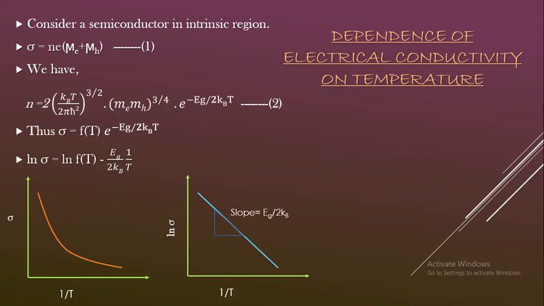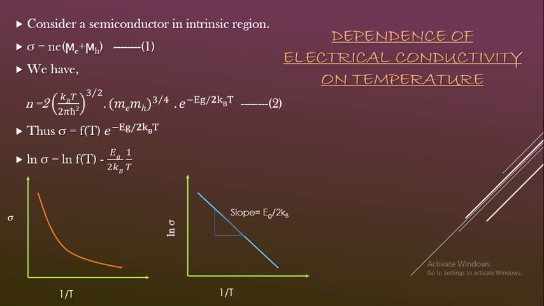And if we know the energy gap, easily we can say which element this semiconductor is. Like if the energy gap comes to 1.1 electron volt, then directly we can say the specimen is silicon. So this is the conclusion or significance of this method.